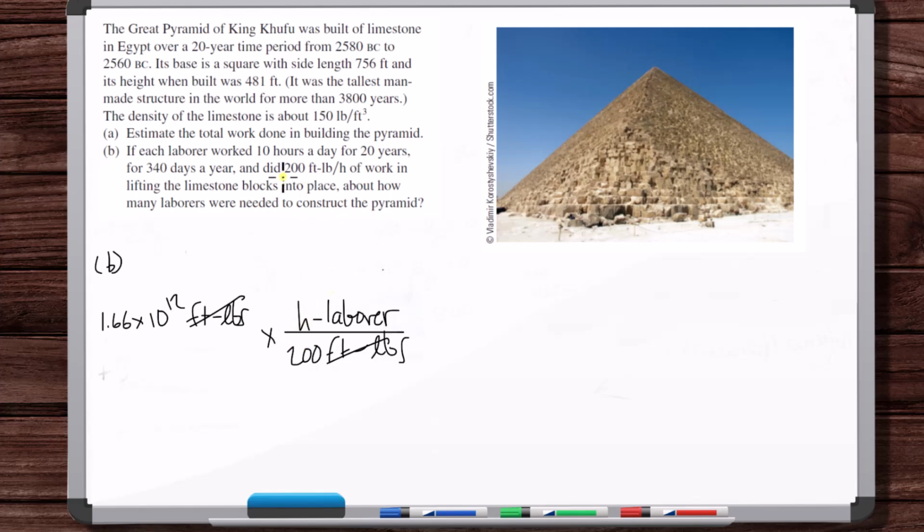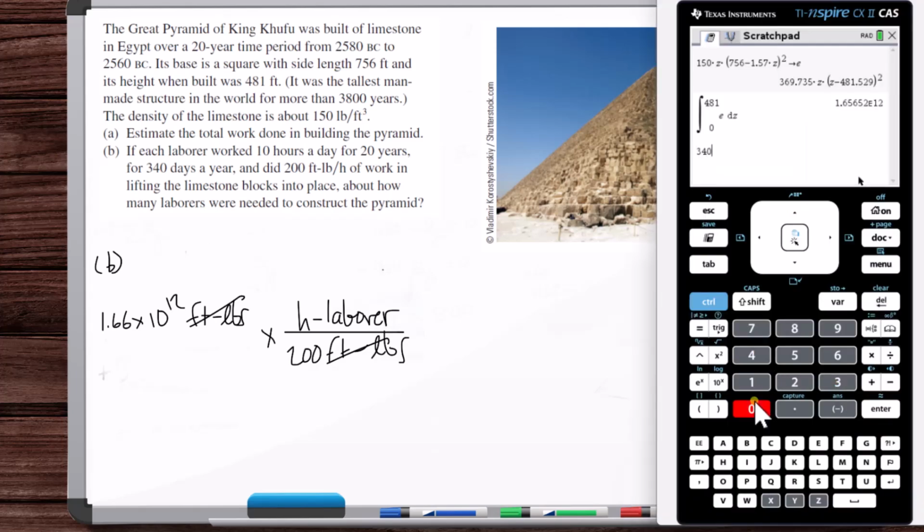Well, we just need to find out how many hours it took to build the pyramid. It took 20 years, but that doesn't mean they were working 24 hours a day for 20 years. It was 10 hours a day, and they weren't working every single day. It was 340 days a year. So 340 days times 20 years, and then 10 hours a day.